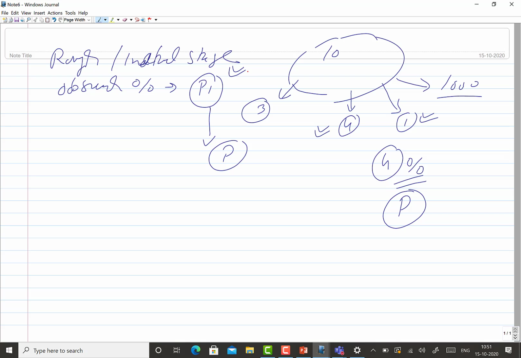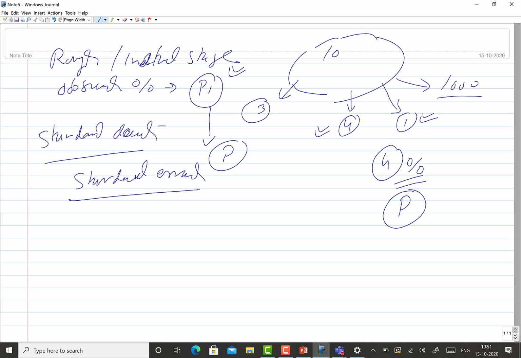So how close or how different P and P1 are is indicated with the help of standard deviation and standard error. These are related using a particular equation.